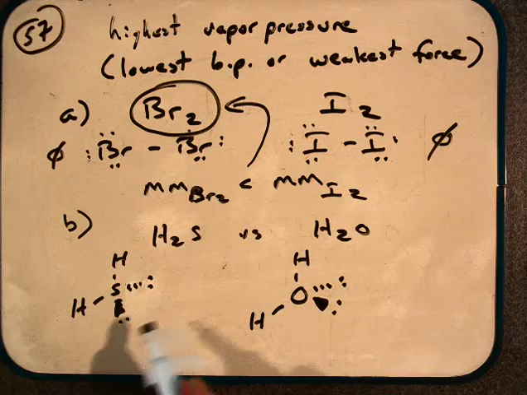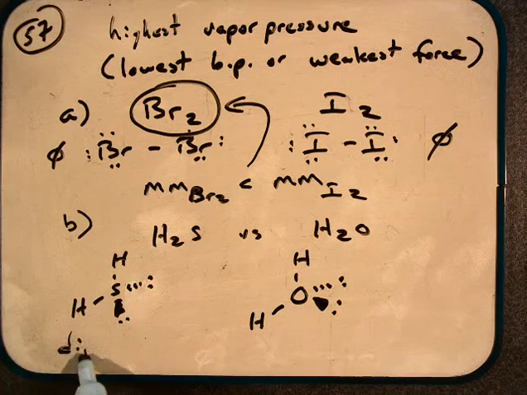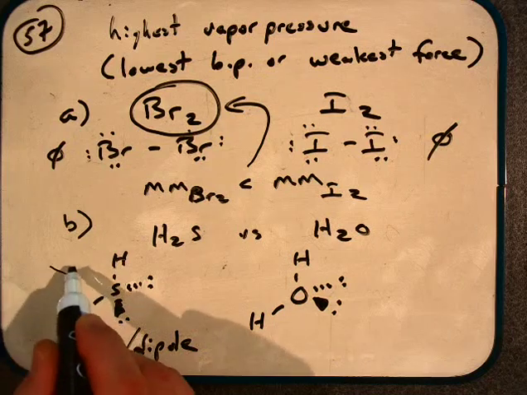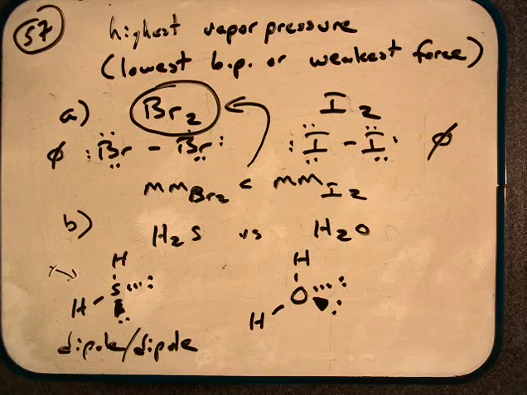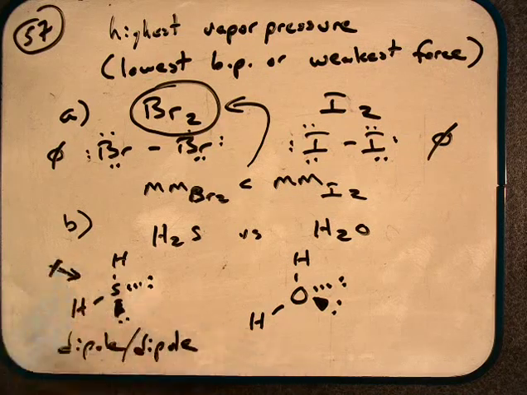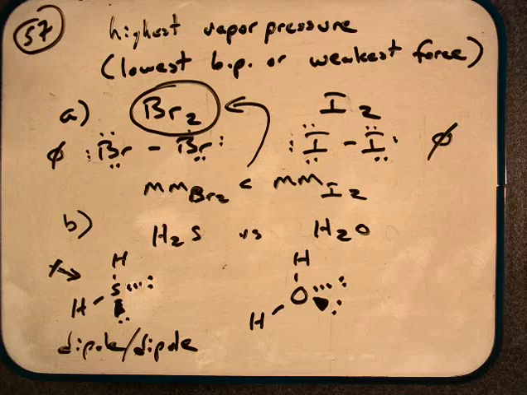With H2S, we're really looking just at a dipole-dipole force of attraction. Both of these guys pointing towards the sulfur, essentially, with those bond dipoles creating a molecular dipole pointing down to the right.